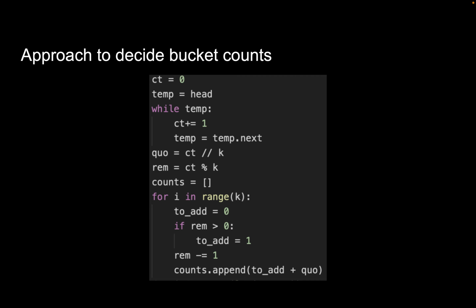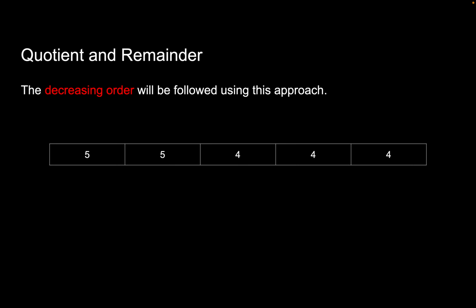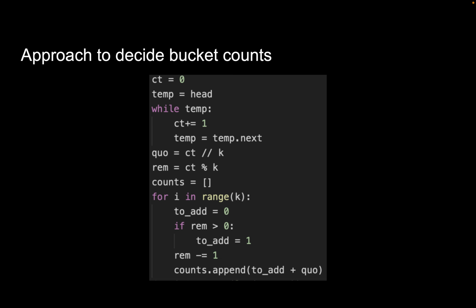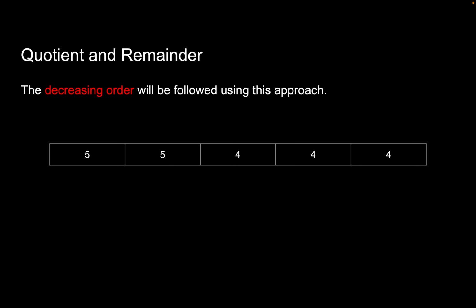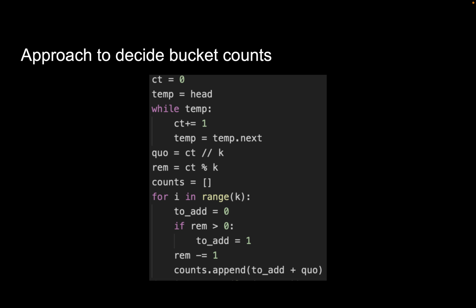We get the quotient, and the remainder, ct modulo k. We also initialize a counts array, which is what we needed to create here, and for i in range k, because k is the length of the case, how many buckets are required, right? So we do that, and then we have to add, which is how much additional numbers you need to add. So let's say you need to add 1 here, right? We initially set it to 0.